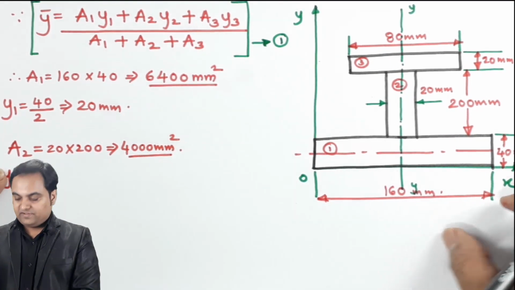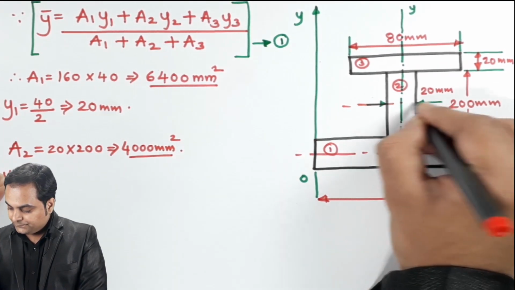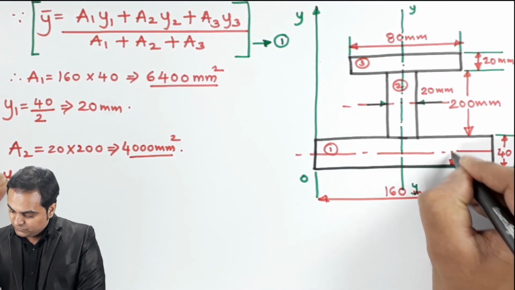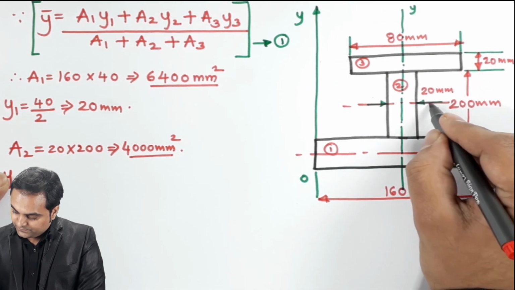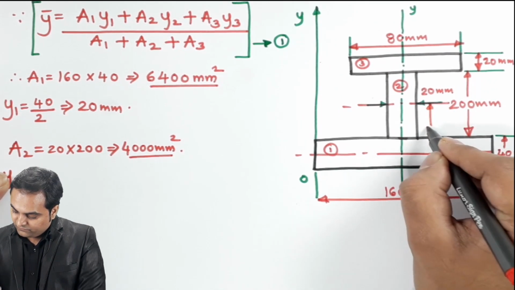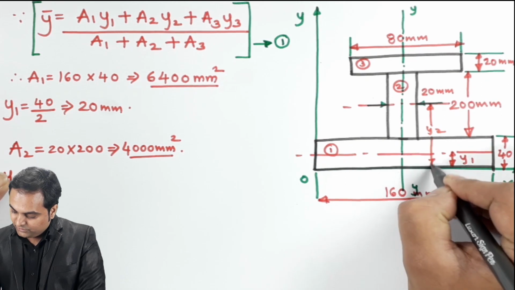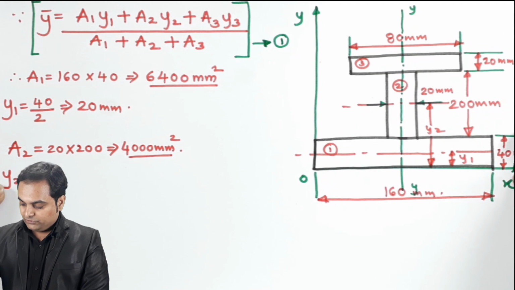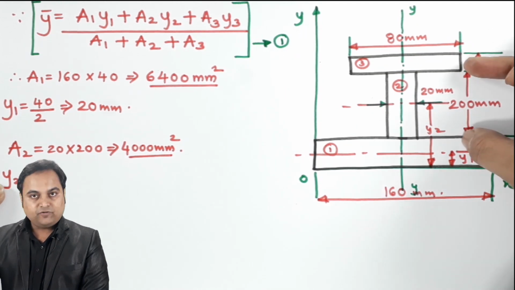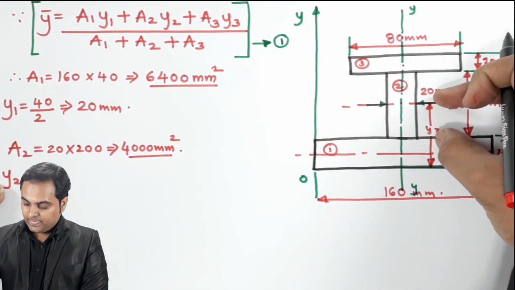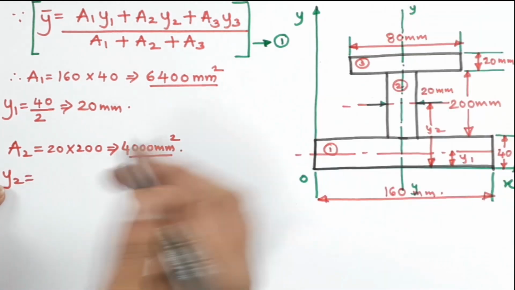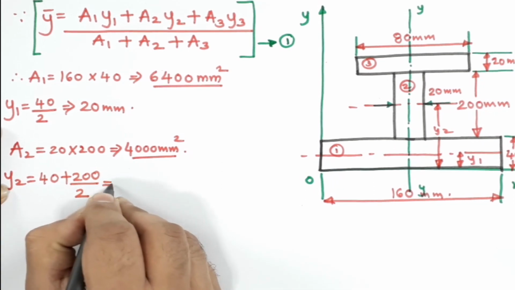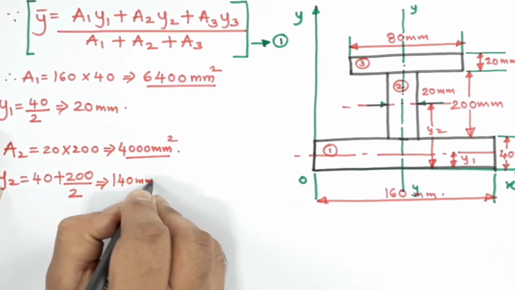y2 is the location of x-axis for the second rectangle, and this x-axis is located at a distance. I'll explain that this is y1 and here this is y2. We have to take the reference from the origin or bottom. So this rectangle 2 starts after 40 mm, so it would be 40 plus half of 200, that would give me this height because I'm taking the references from the bottom. So it is 40 plus half of 200, that gives me 140 mm.